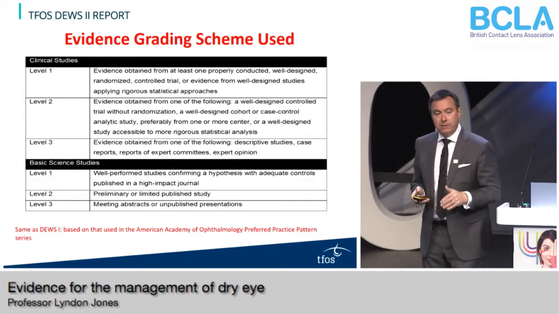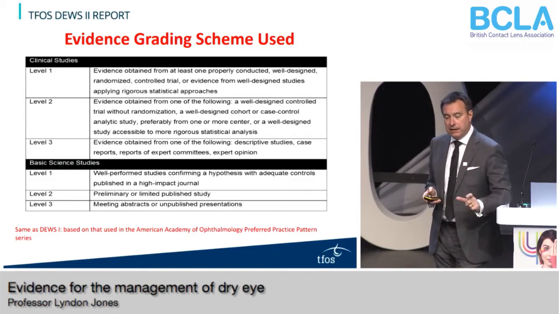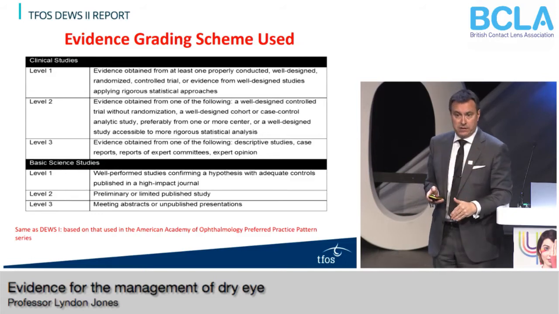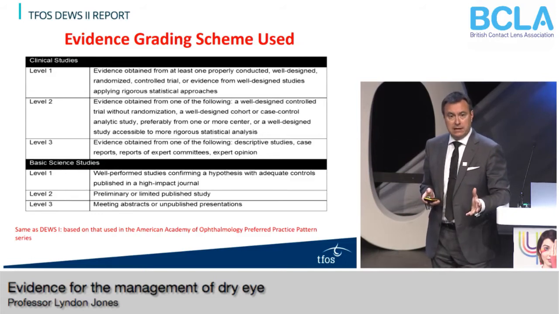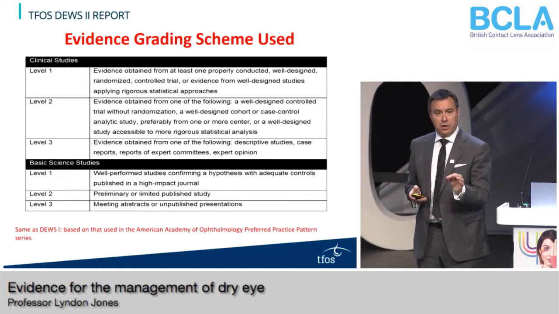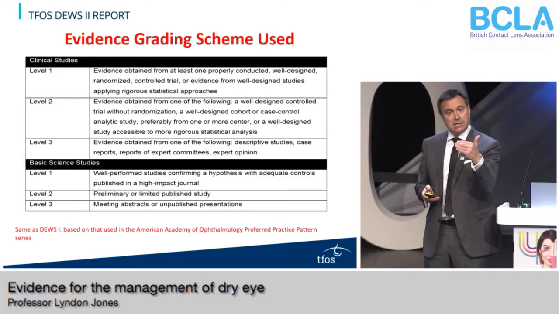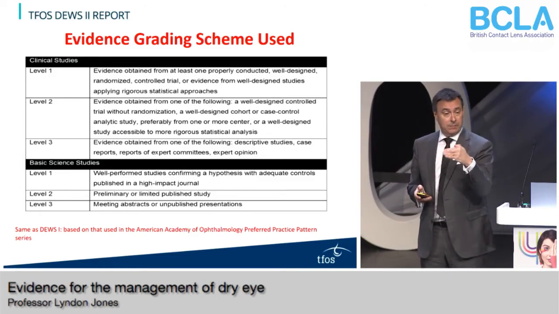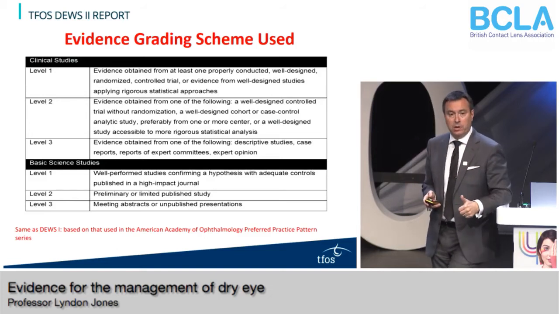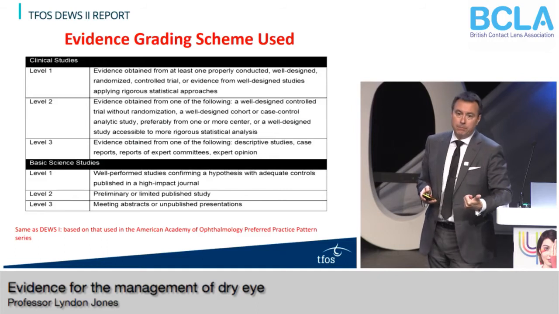So we subdivided the clinical studies and the basic science studies into 3 levels of evidence, where level 1 evidence was the highest level of support and showed, for example, under the clinical studies, at least 1 randomized controlled clinical trial, which was very well conducted, and the same for basic science. Level 3 would be, broadly speaking, more of an uncontrolled clinical trial, maybe a case report.